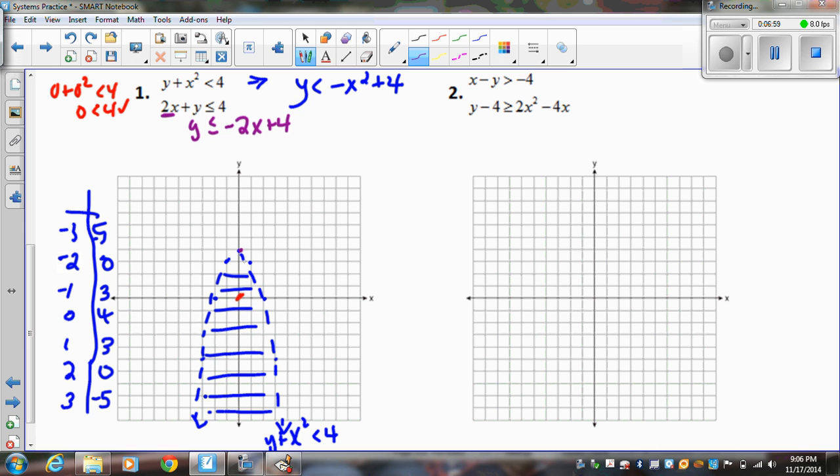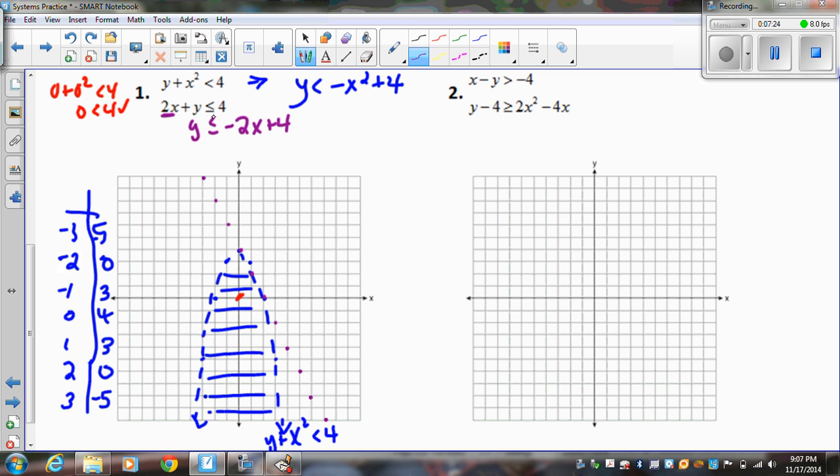I have a slope of negative 2, so it's down 2 over 1. Down 2 over 1, down 2 over 1, and so on. I like to plot lots of points so I can be accurate.